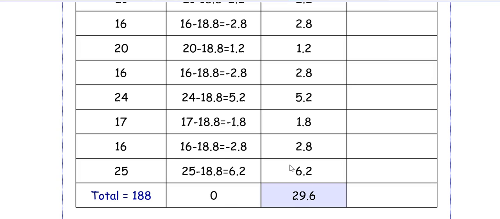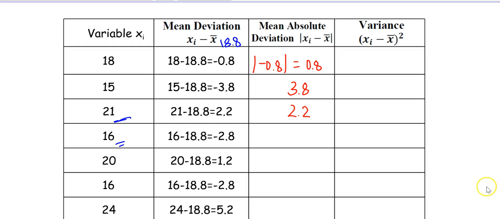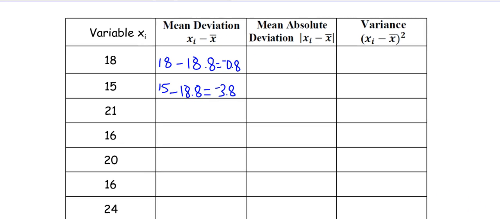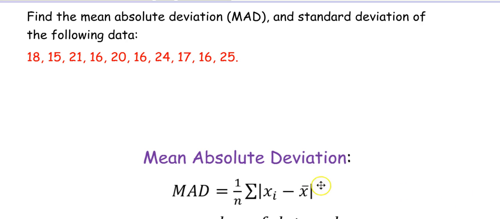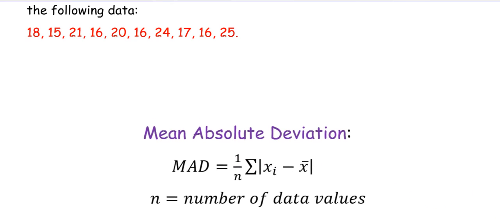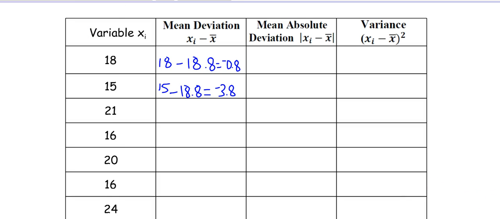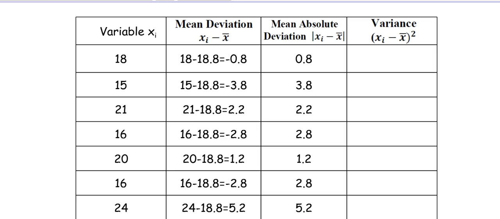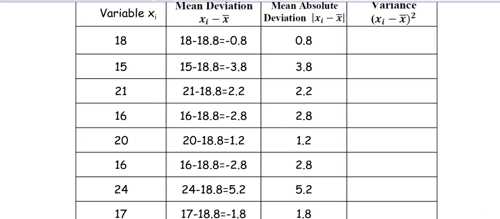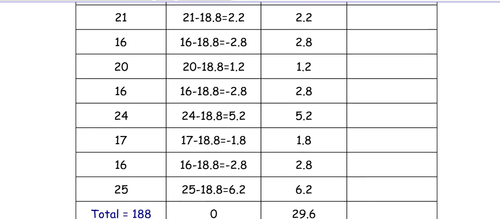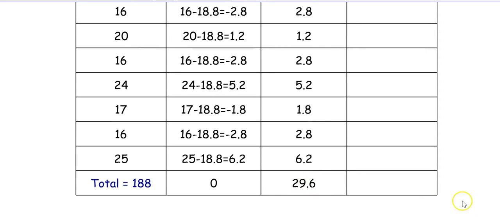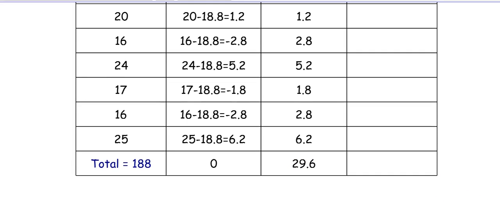29.6. That is the sum, like we have seen in the formula of mean absolute deviation. We have 1 over n, sum of all these deviations, xi minus x bar. So I have to substitute my values in that. Let me do it here at the bottom. The sum is 29.6.